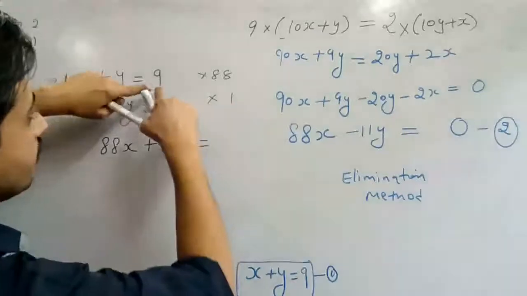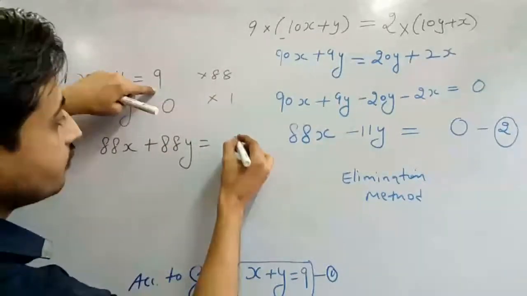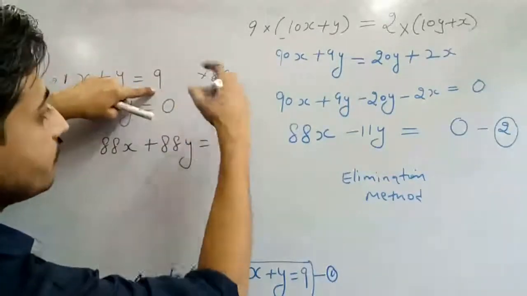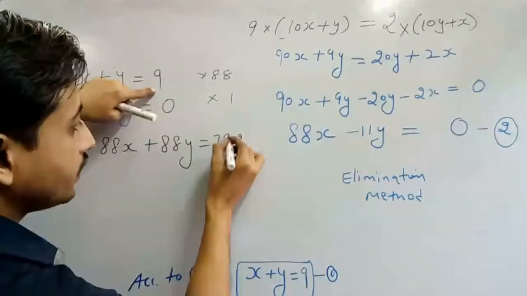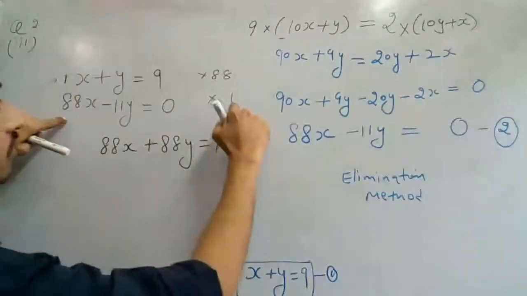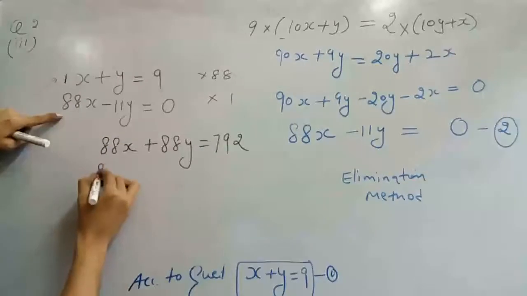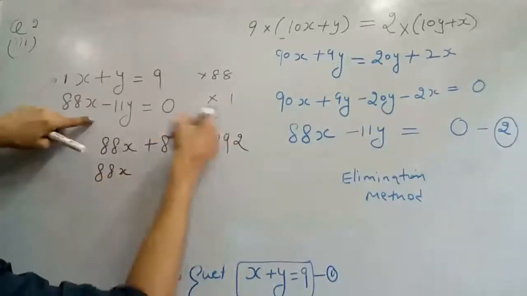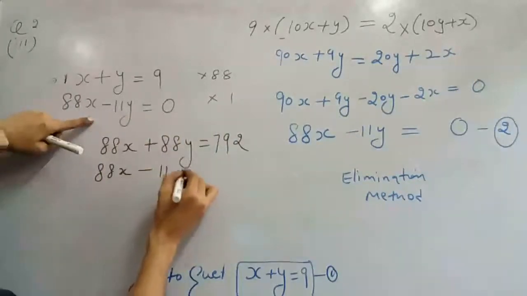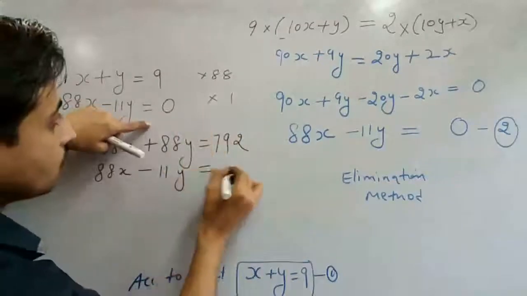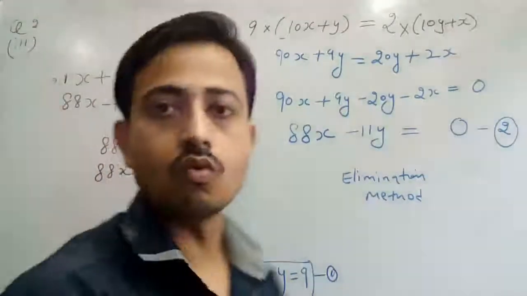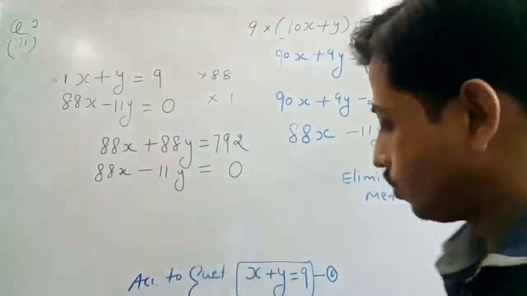Now multiply 9 into 88: 9 8s are 72, carry 7, 9 8s are 72 plus 7, 792. Now multiply with 1. 1 into 88x, 88x. 1 into 11y, minus 11y. 1 into 0, 0. So we got these two equations.